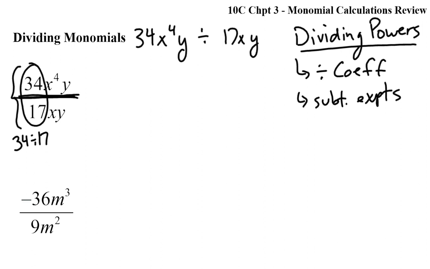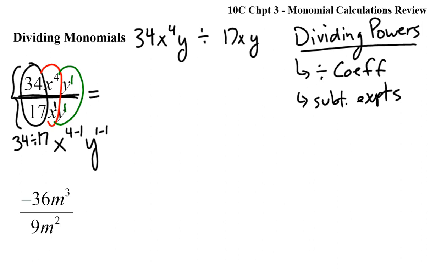Divide coefficients, 34 divided by 17. We have an x1 on the bottom, so we then go x to the 4 divided by x1, which leaves us subtracting the exponents. And then we're going to have y1 divided by y1, and that leaves us with y to the 1 minus 1.